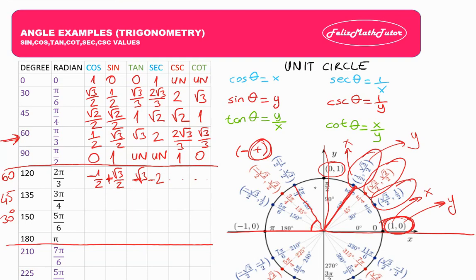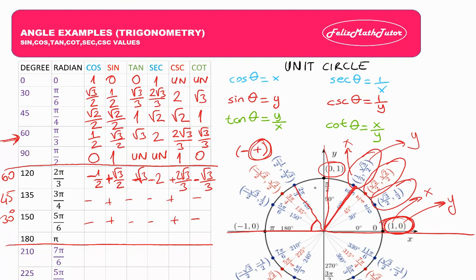Y is positive, so this is positive. Same value from 60 degree. And finally, negative square root of 3/3. So all of them will have the same signs like that, and I will get values from the 45 degree and 30 degrees. Everything is same.